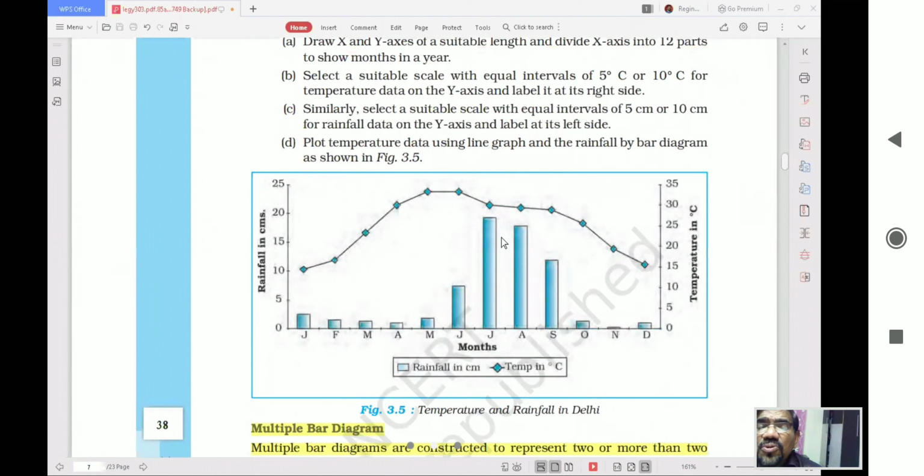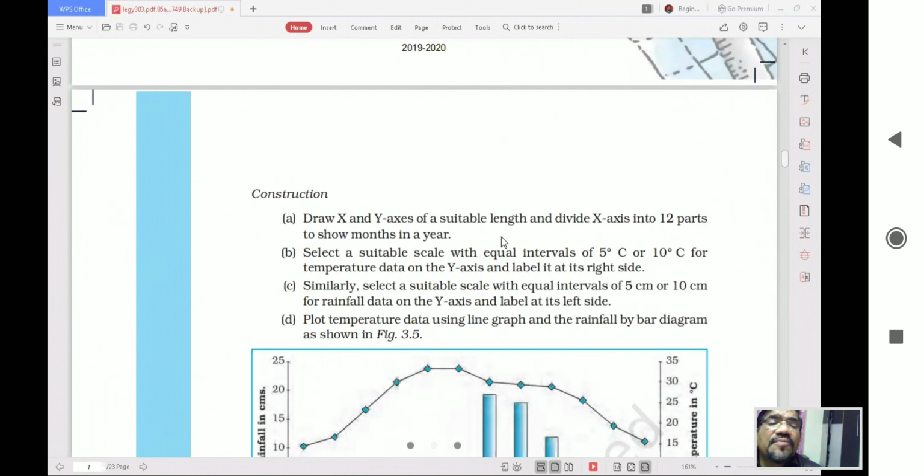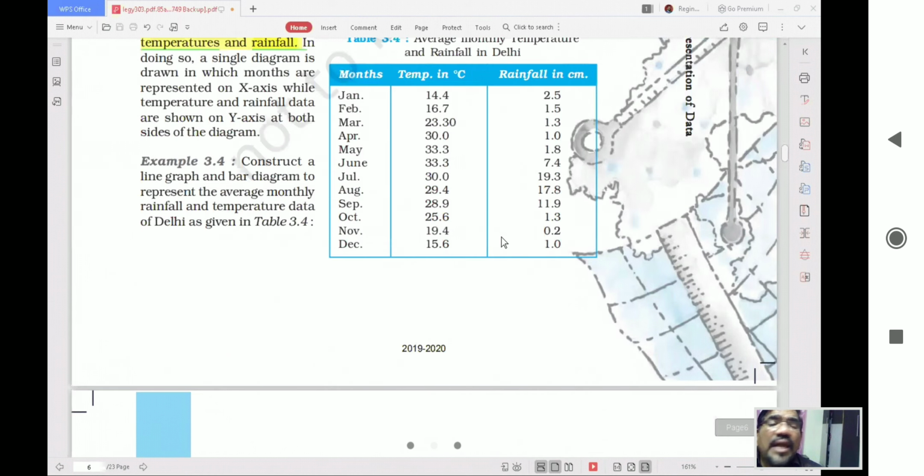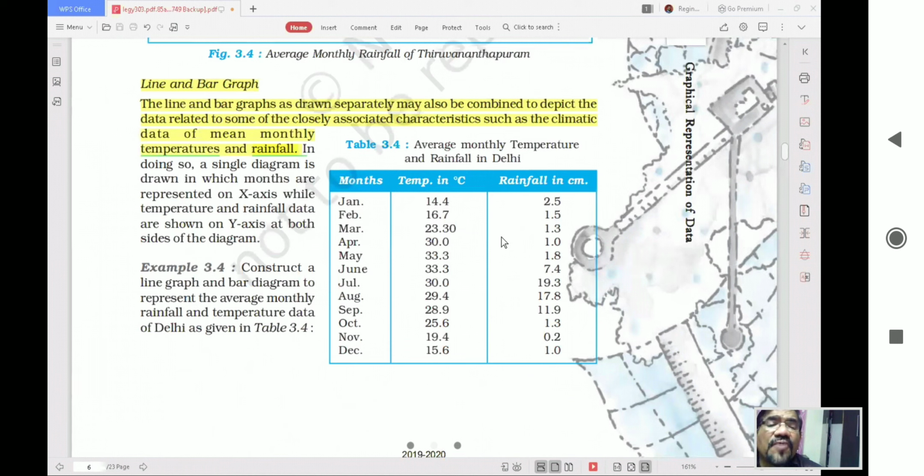The other name given in the book is line and bar graph. If in the examination they ask you what this figure is called, mark my words, you will say it is a line and bar graph. The examiner may be using another book, DR Cooler, and he may ask you the other name, so remember that the other name is climatic diagram.